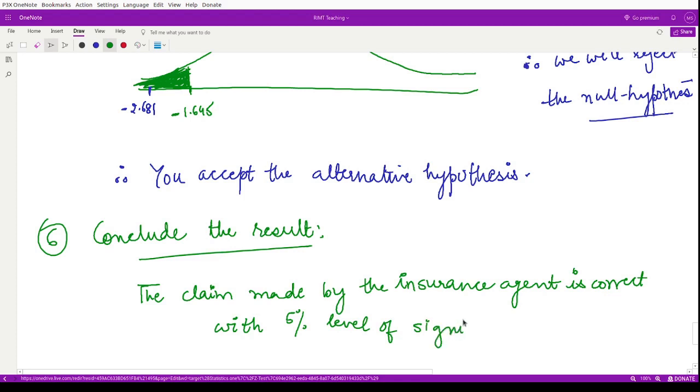Now this is required because we are not 100% sure that the claim made by him is correct. There is still a 5% chance that we may make an error in concluding this result. So this is all about the Z test for single mean.